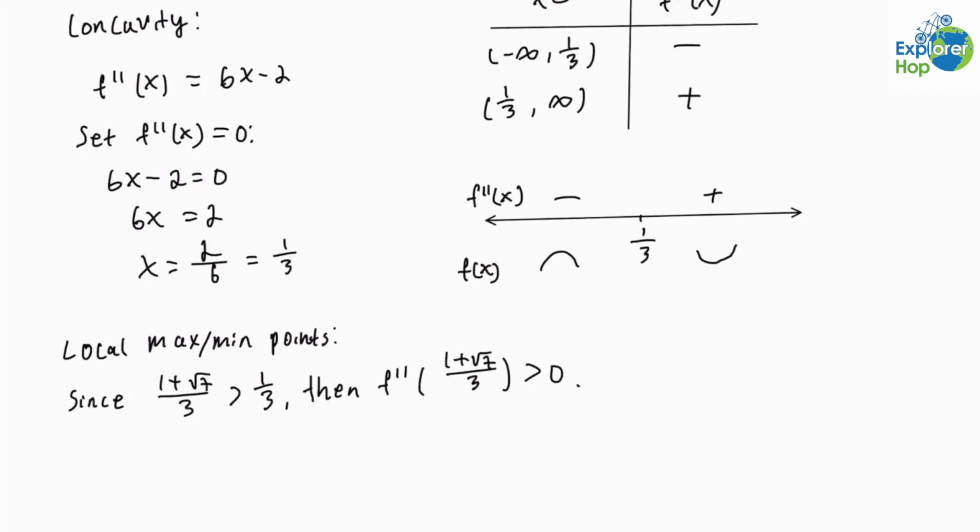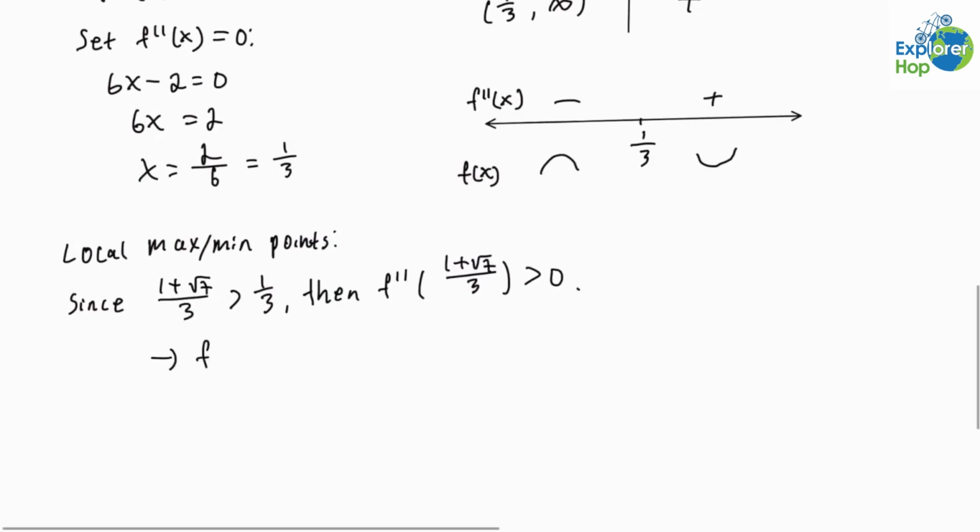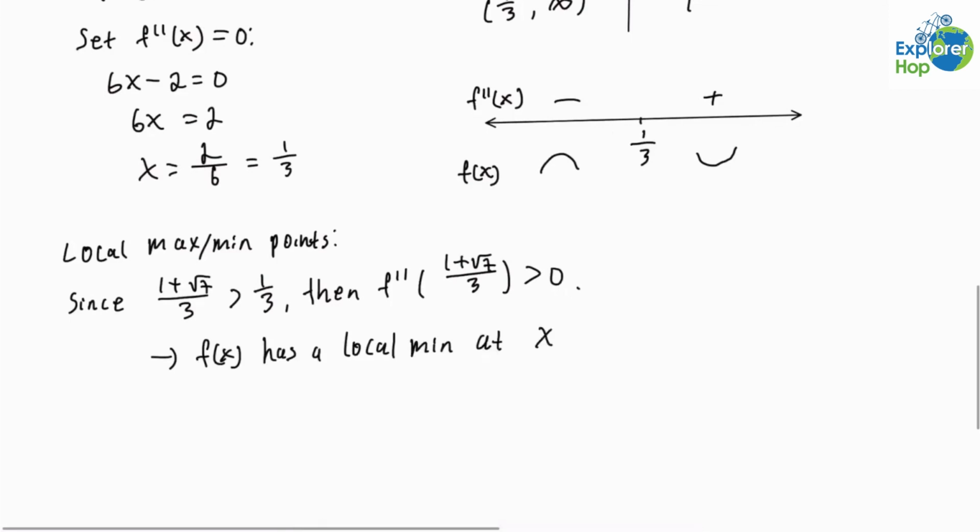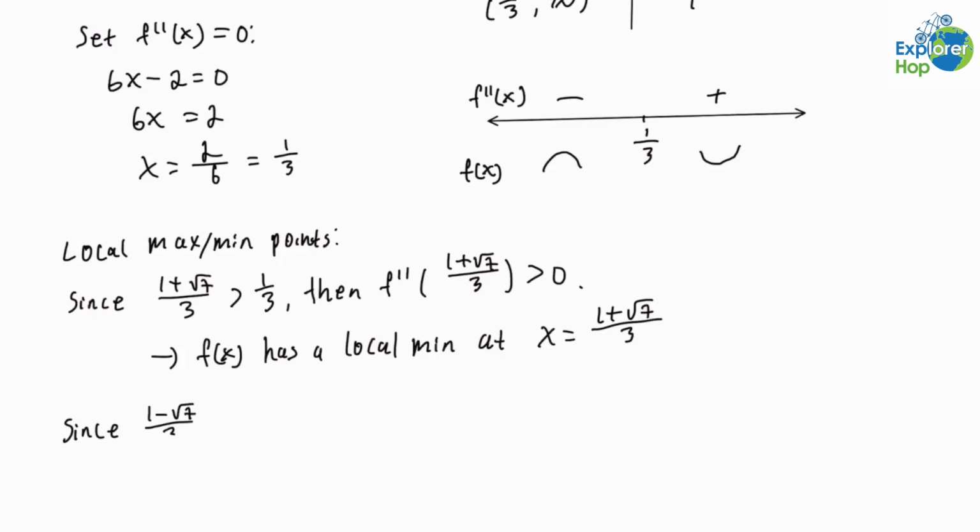So this means that f of x has a local min at x equals 1 plus root 7 over 3. And since 1 minus root 7 over 3 is less than 1/3, then the second derivative at x equals 1 minus root 7 over 3 is less than 0.